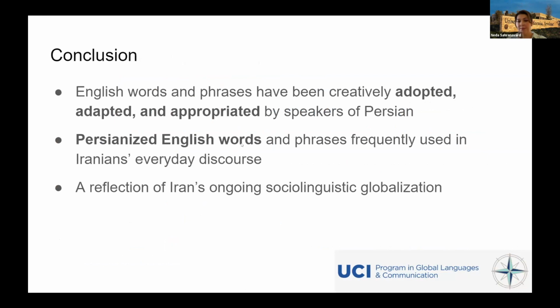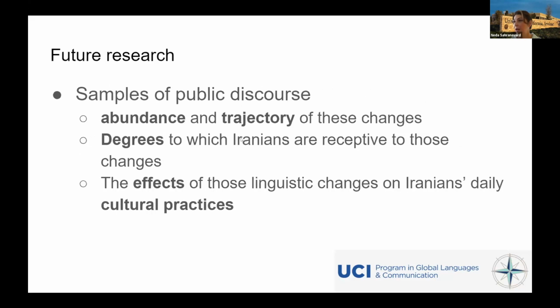My broader conclusion is that English words and phrases have been creatively adapted and appropriated by speakers of Persian. Persianized English words and phrases frequently used in Iran's everyday discourse are evidence of a reflection of Iran's ongoing sociolinguistic globalization.